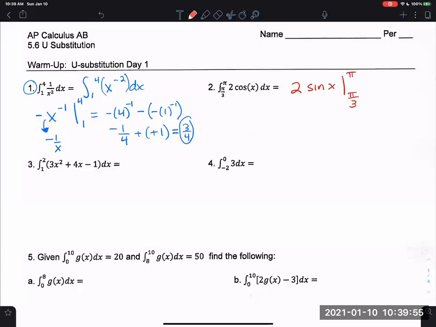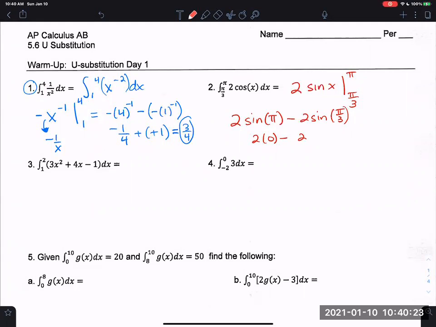Okay. And now we need to just plug in the upper bound and subtract, plugging in the lower bound. Sine of pi is 0. And sine of pi over 3. Okay, unit circle, right? Pi over 3 is a 60-degree angle. Your cosine is 1/2.